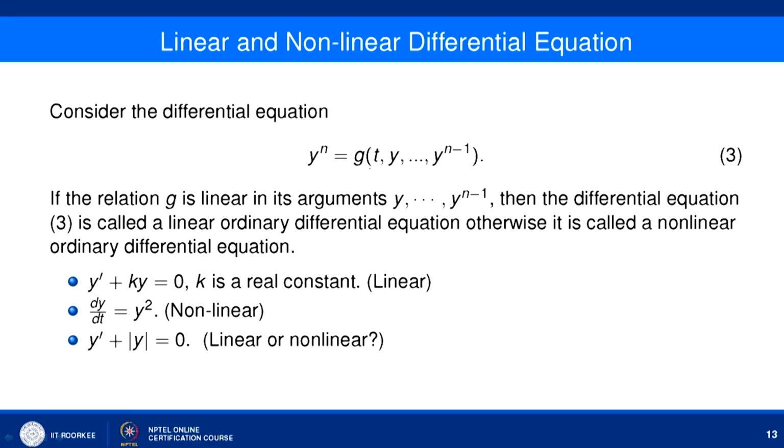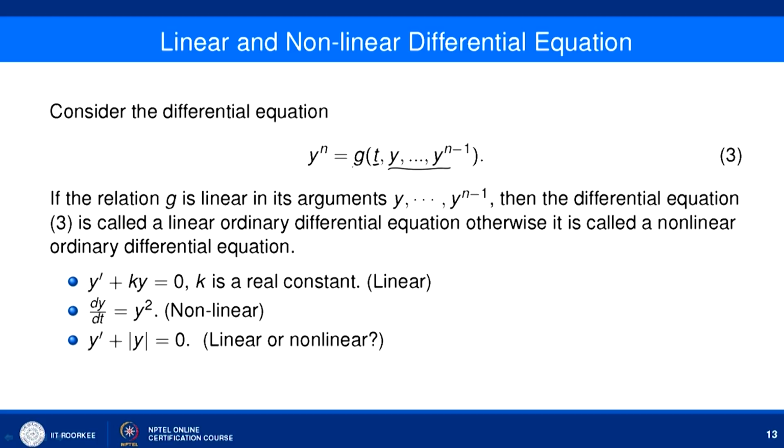These are the arguments of g. t represents the independent variable, so we need not bother about whether g is linear with respect to t or not. We need to consider the arguments which are dependent variables.